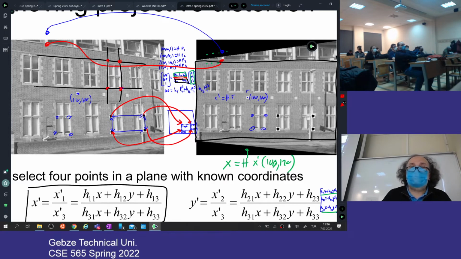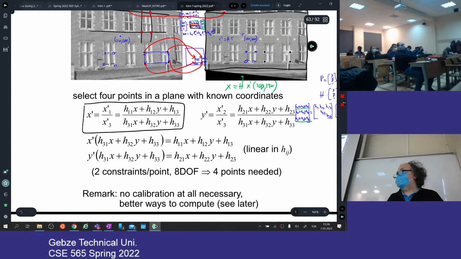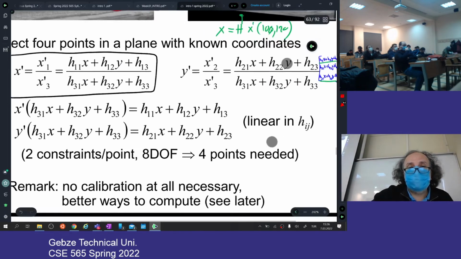Well, you have 4 equations. You have these 9 equations and you have 8 unknowns. It's a linear system. You put them together and you solve it. What did we do here?